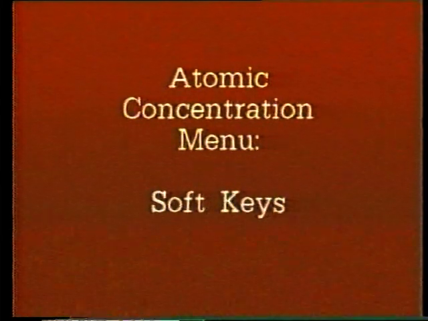Looking at the soft keys at the bottom of the screen, we see soft key number 1 allows us to ask for the atomic concentration table. The table consists of the element name, its concentration, and the sensitivity factor used to calculate that atomic concentration.